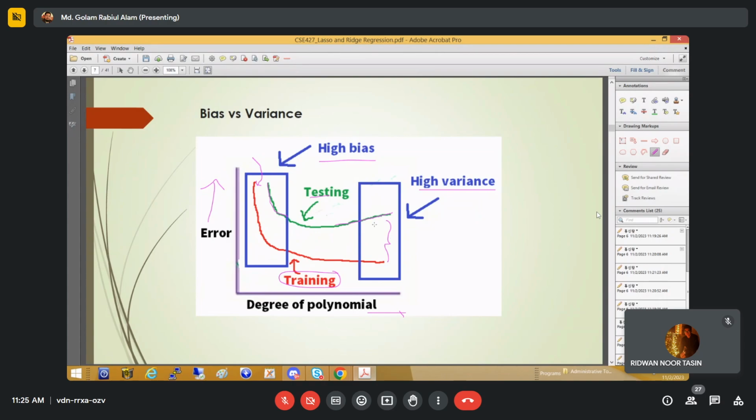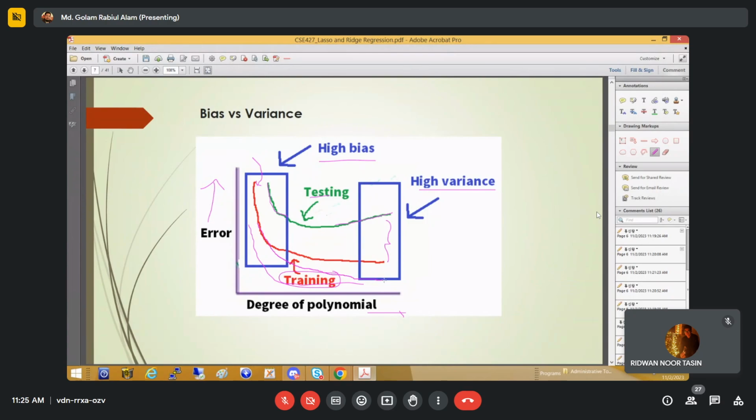So we can build a model that has low bias with low variance also. In this case the training error will be like this, and the testing error in the same case will also be like that.